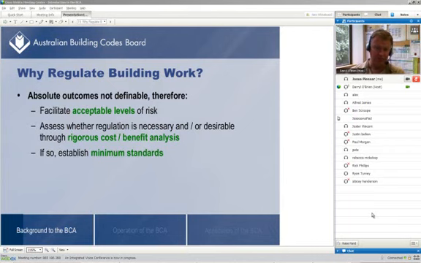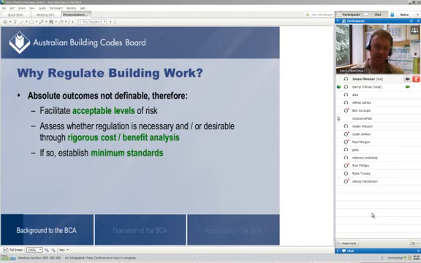And this year, there are a number of amendments, but probably the most significant amendment taking effect from 1 May is the requirement for Class 1As and sole occupancy units in Class 2s, 3s and 4s to have handrails in stairs. Because up till now it was not mandatory to have handrails.